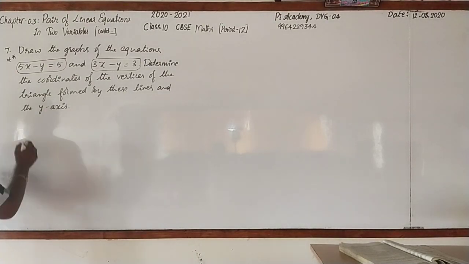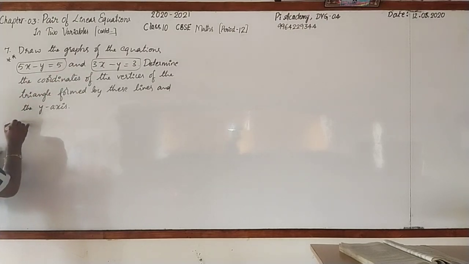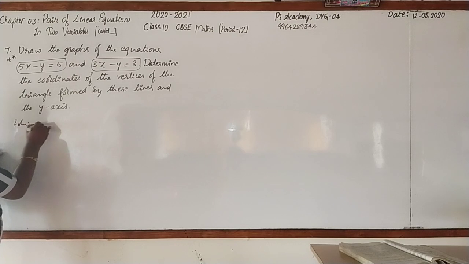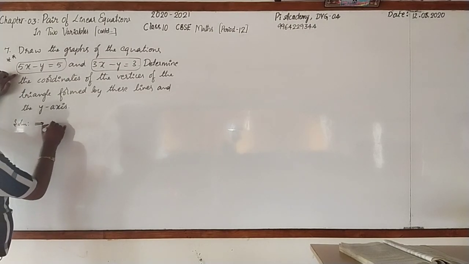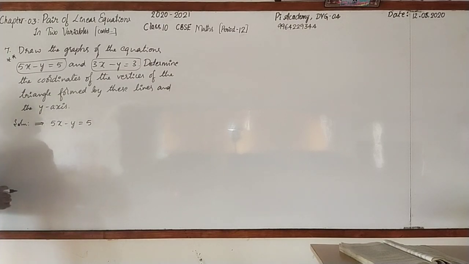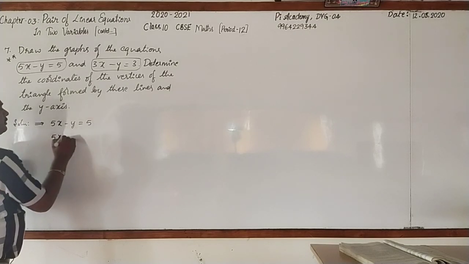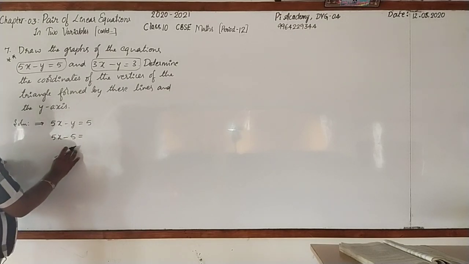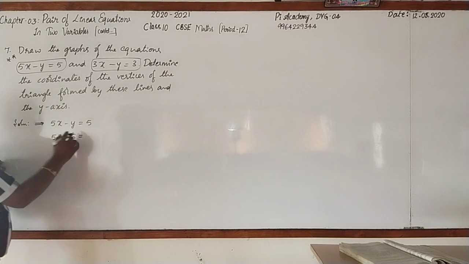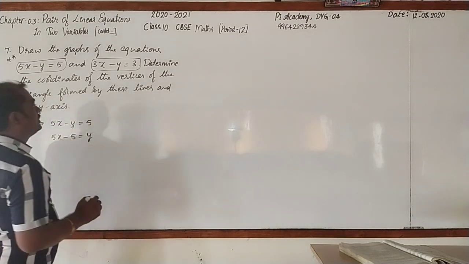Okay, now let's find the coordinates for both the equations. Here I'll write. The first equation is 5x minus y is equal to 5. In this, solve for y. What is y? It is 5x, transfer minus 5 to the left hand side, it becomes plus 5, becomes minus 5. This is equal to y. Clear?